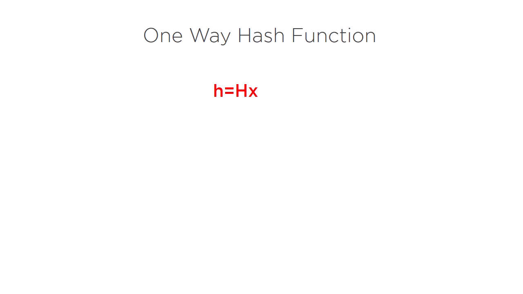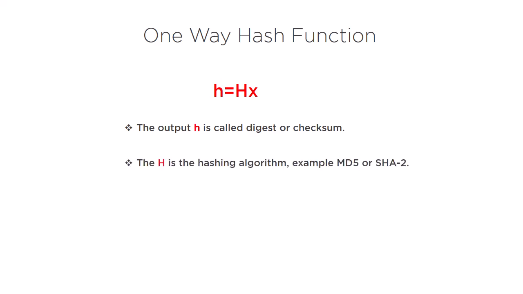Another popular concept that you need to know is this formula that you see. h = H(x). Let me simplify this notation for you. The lowercase h is simply the output. On the other side, the capital H is the hashing algorithm, for example, MD5 or SHA-2.